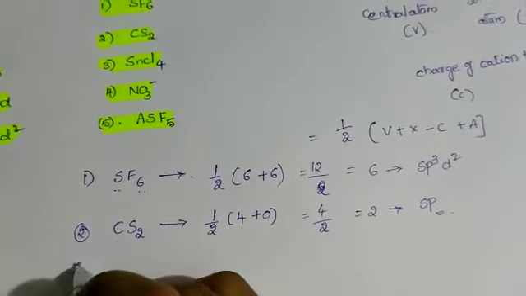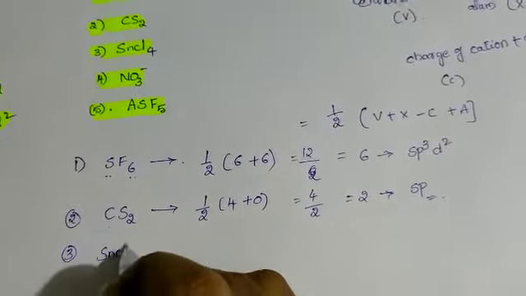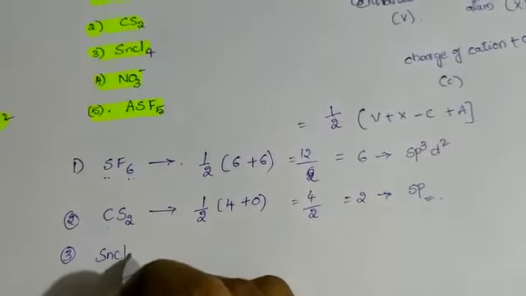And the third one is SnCl4. In SnCl4, Sn is the central atom and chlorine is a monovalent atom. 4 chlorine atoms are surrounding the central atom Sn.